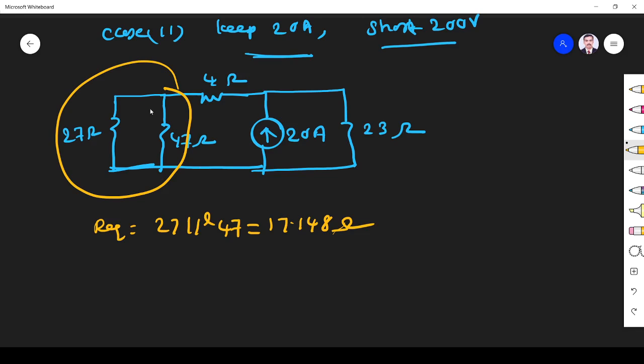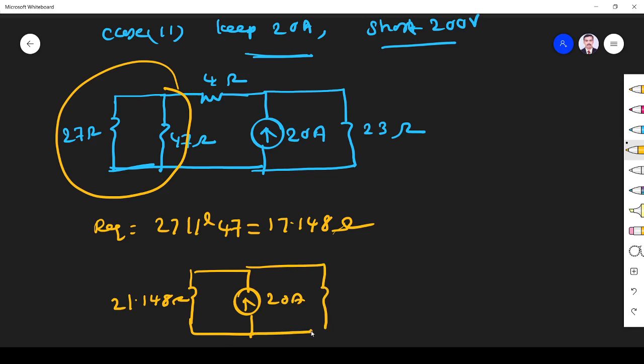This 17.148 is in series with 4, so it will be 21.148 ohm. This is 20 ampere. This is 23 ohm. What I need is the current through 23 ohm.